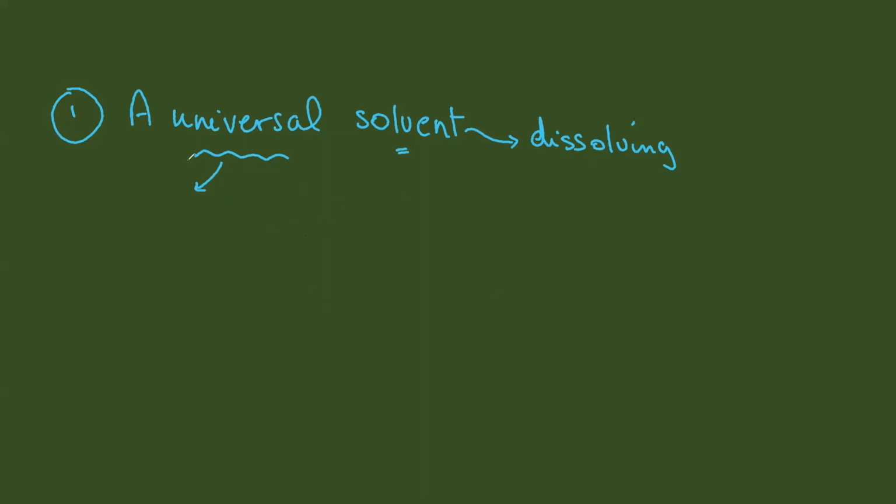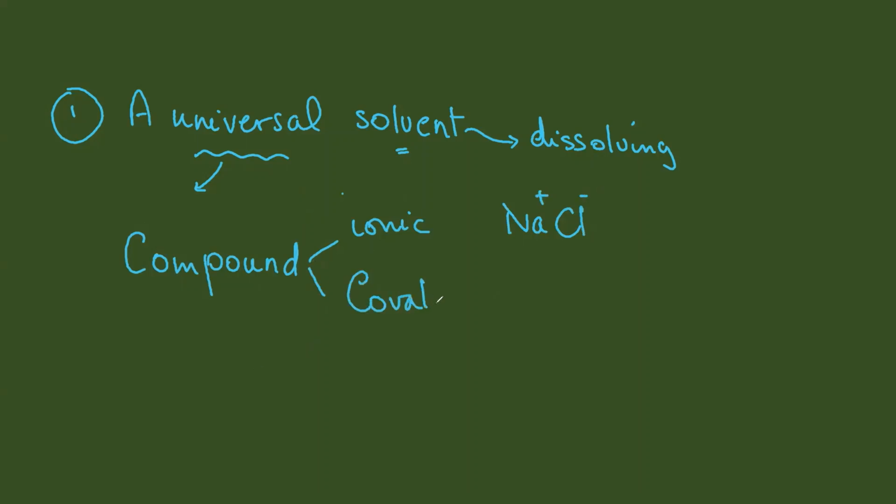Here, the word universal solvent means that water dissolves so many compounds. And we know, again, from chemistry that we have two types of compounds. We have ionic compounds, like, for example, sodium chloride, because it has ions, and covalent compounds.